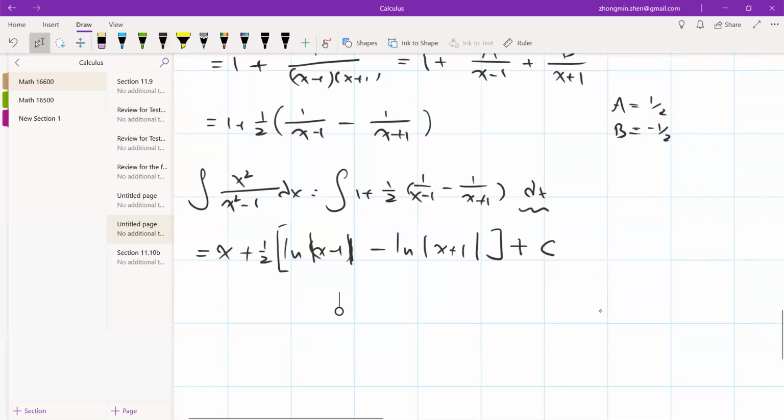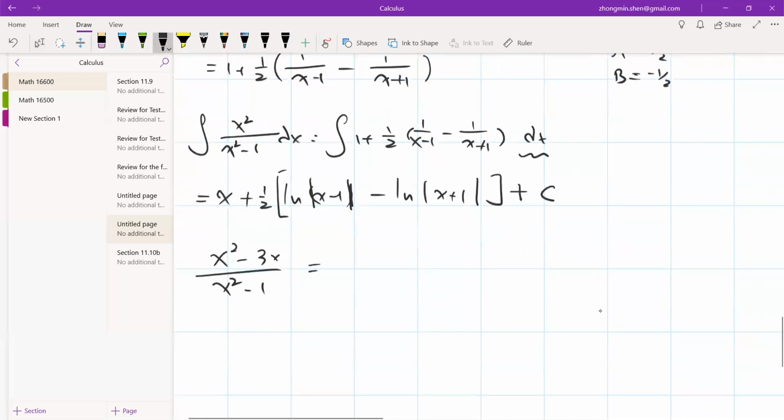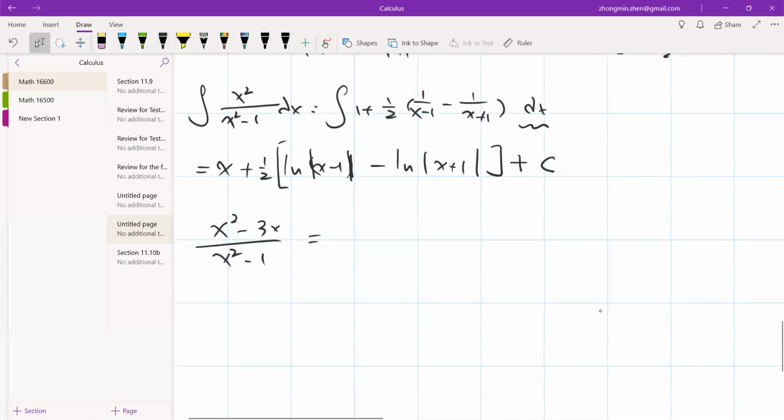Now, for example, if we have x squared minus 3x over x squared minus 1, you have to use long division first, because the degree of the numerator is the same as the denominator. So you get x squared minus 3x, here's x squared minus 1. You put the 1 here, x squared minus 1, and you do the subtraction, you get negative 3x plus 1.